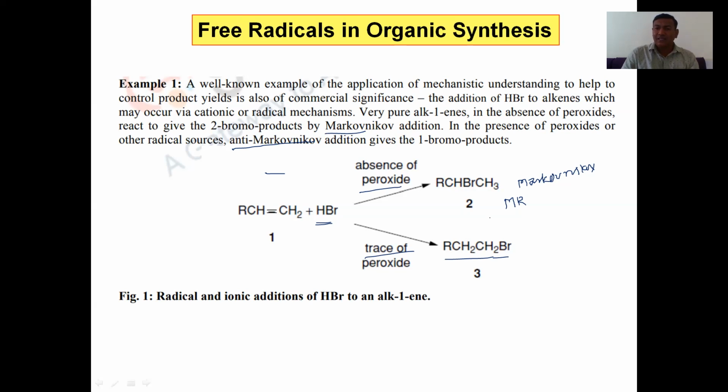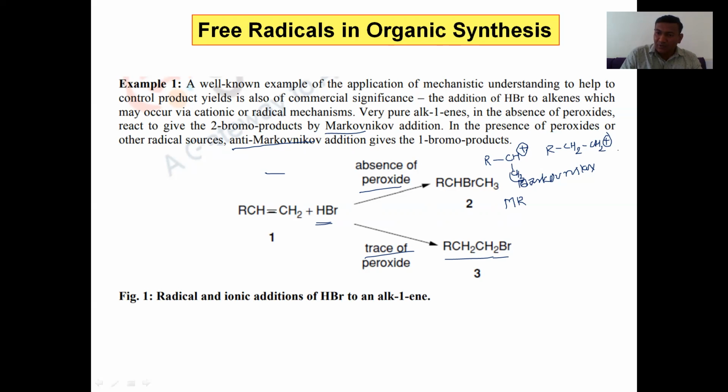Why is this happening? See, in this first reaction, there will be a formation of RCH+CH3, with a positive charge. This positive charge is stable compared to the RCH2CH2 carbocation.